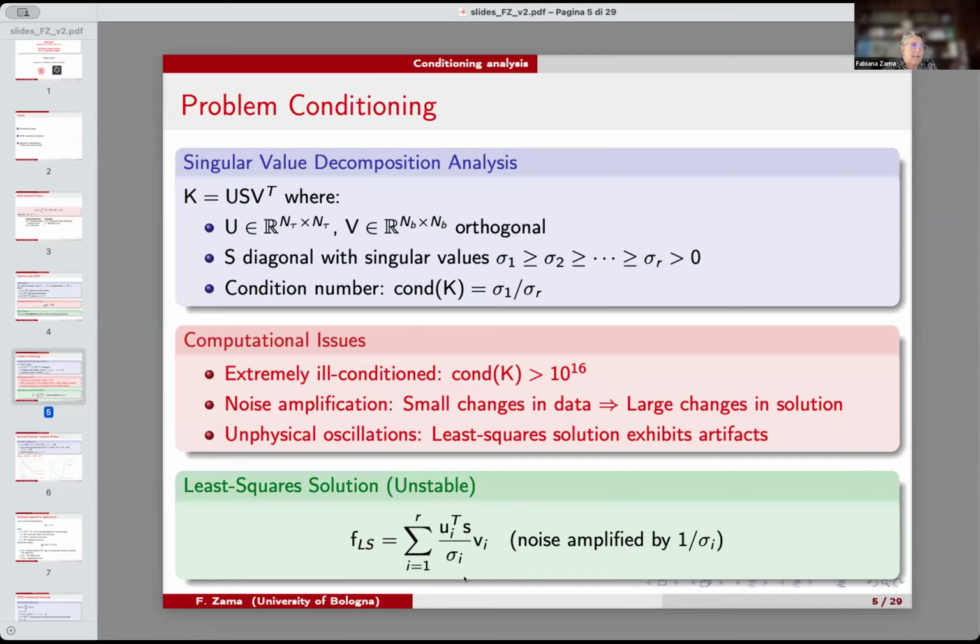Sigma i are the singular values, and you understand immediately that if S contains some even small noise, then this noise is amplified by this ratio, and when sigma i becomes small, for example the rounding error, you have an amplification of the error, and this makes the solution oscillating and unstable.